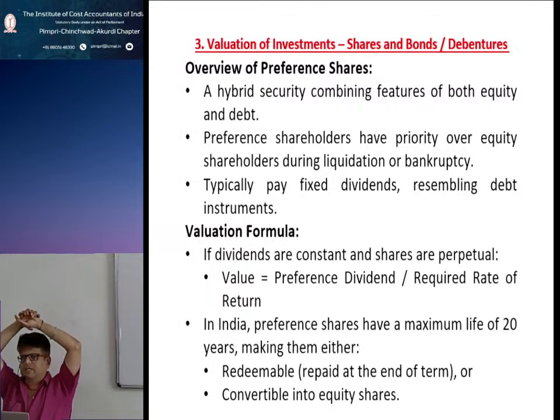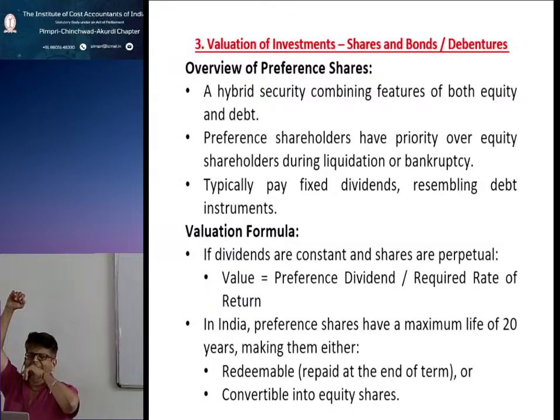So why are they hybrid? Because the preference shareholders have priority over equity shareholders during liquidation or bankruptcy, and secondly, typically these instruments are required to be paid fixed dividends resembling debt instruments, like a fixed interest cost.